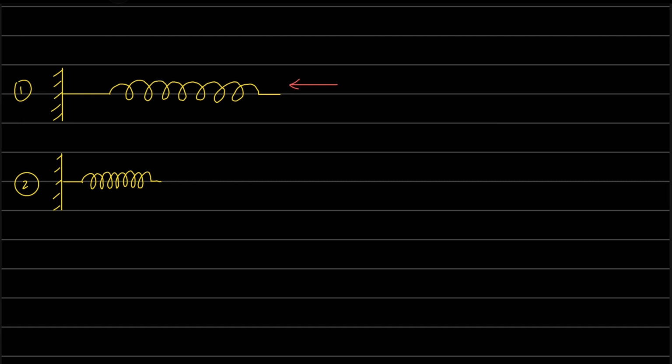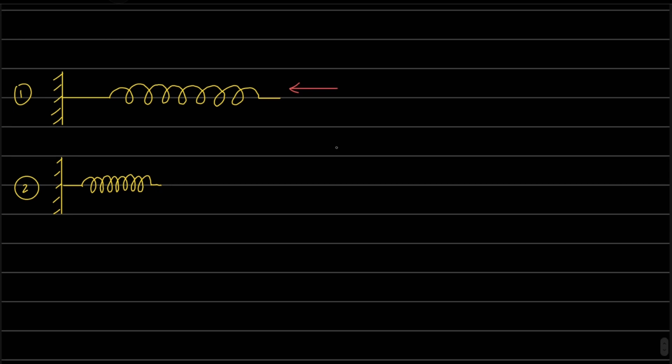The size of the spring has decreased, or the length has become smaller. This is what we call compression, and over here this is what we call the compressive force. There you go.